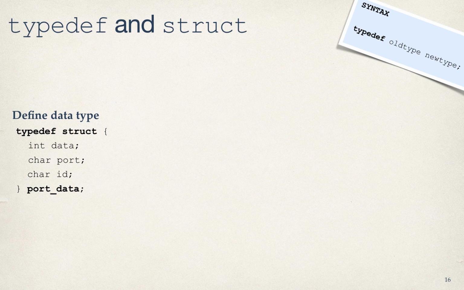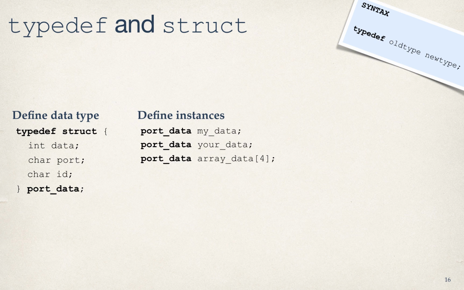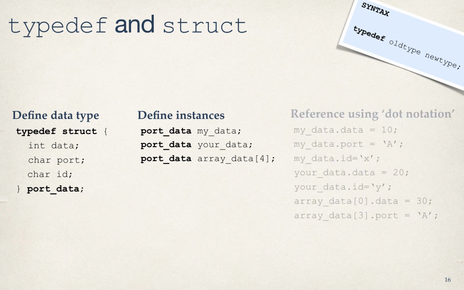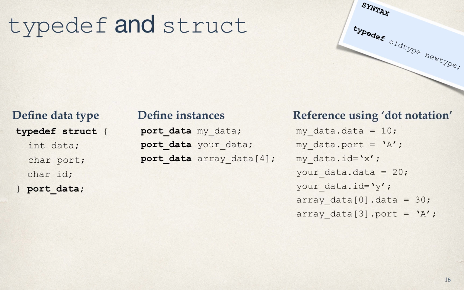Right? And now we can just use port data as the type. So port data, my data, port data, your data, or an array of them. Yeah? And we use the dot notation to access the individual properties of any instance of port data. Okay, so of course these are all independent of each other.